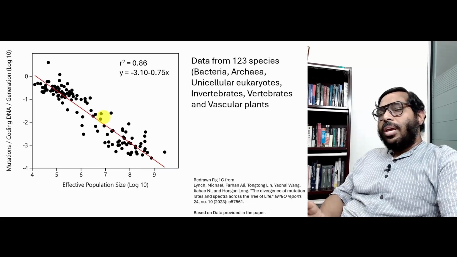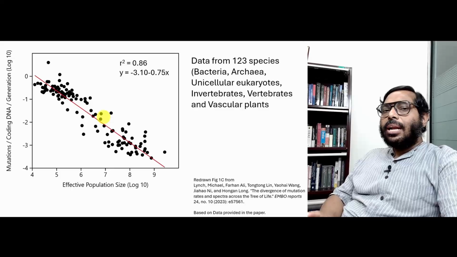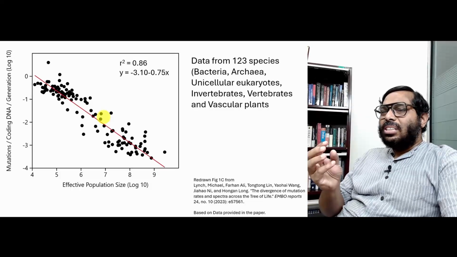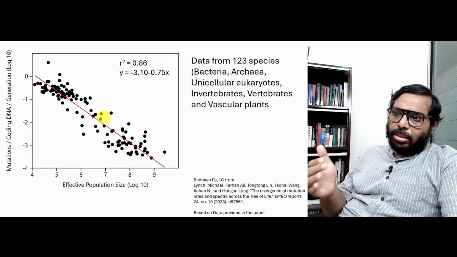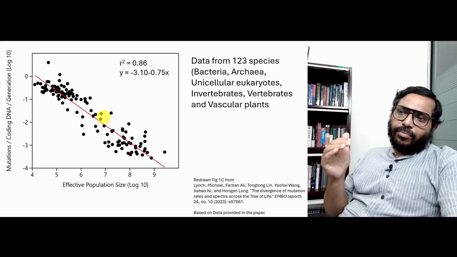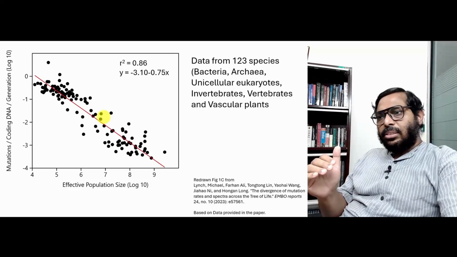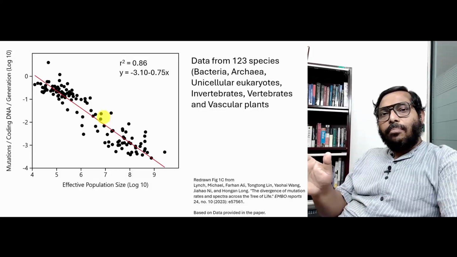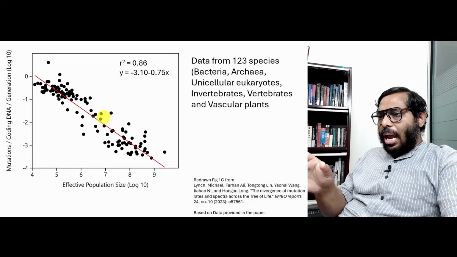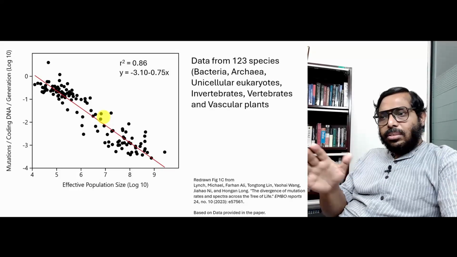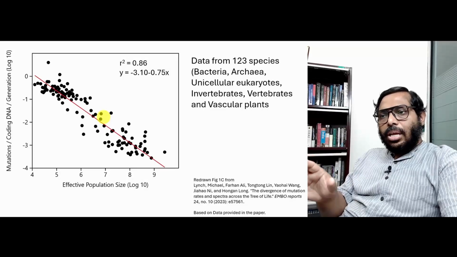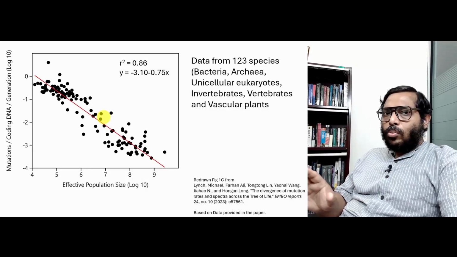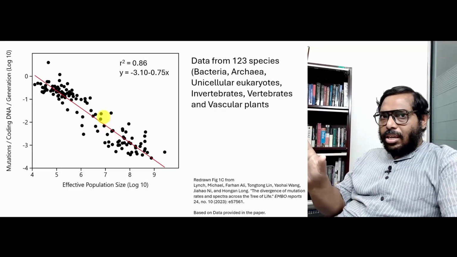Now, please appreciate that I am just giving you the gist of the whole thing. The drift barrier hypothesis is a very sophisticated hypothesis. The mathematics of it is extremely nicely done by Lynch and his colleagues, and there are many papers and a lot of discussion on the entire thing. I am not going into the nitty-gritty details.